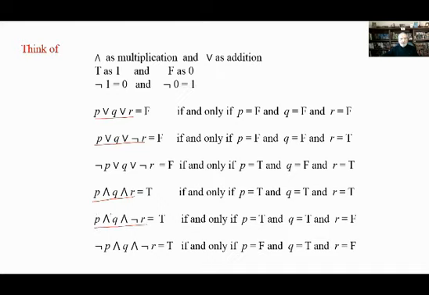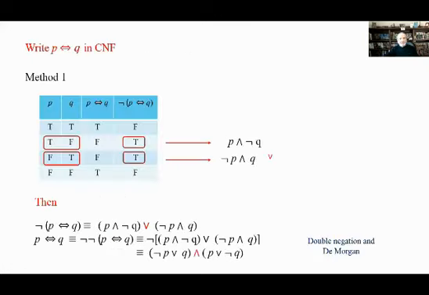When P is true, Q is true, not R is true, meaning R is false. Look at this one here. Not P and Q and not R. This is true when this one is true, which means P is false, this one is true, this one is true, meaning R is false.